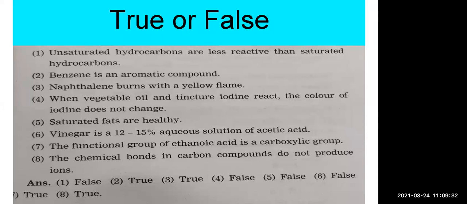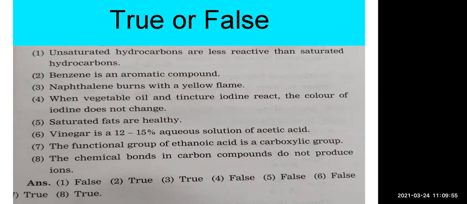Unsaturated hydrocarbons are less reactive than the saturated hydrocarbons. As we know, the unsaturated hydrocarbons are not less reactive, they are even more reactive. So it is not less reactive than the saturated hydrocarbons, hence we can say that this statement is false.